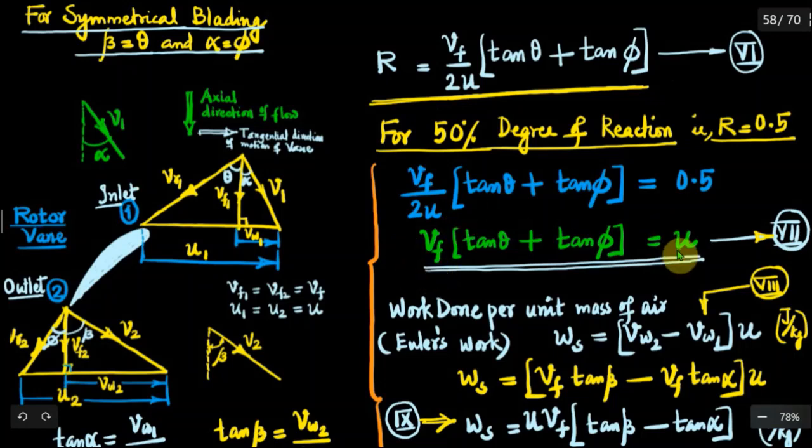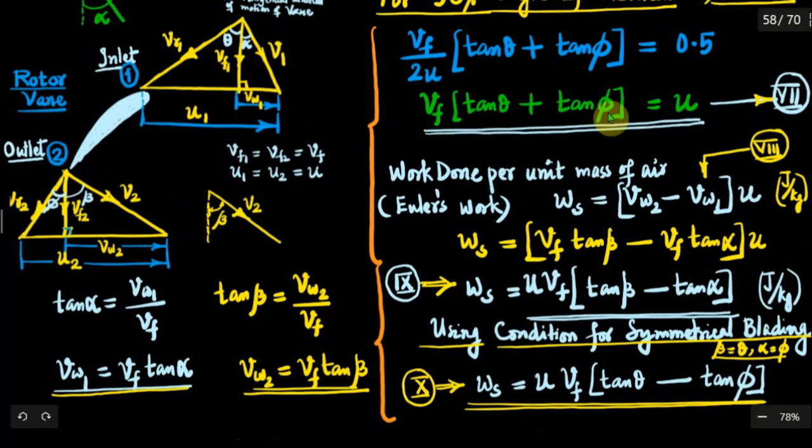Both are constants actually. U is the tangential velocity of the blade or the rotor, and Vf is the constant axial flow velocity component. So Vf into tan theta plus tan phi is equal to u, named as equation number 7. It's an extremely important relation even for solving numerical problems also. But remember, this equation is used in the context of 50% degree of reaction.